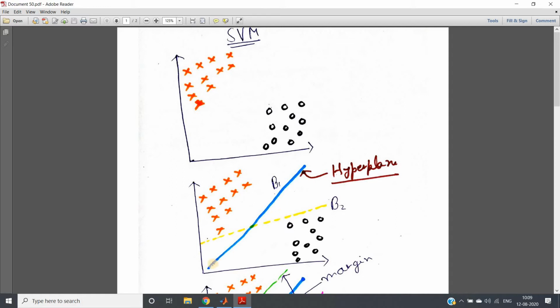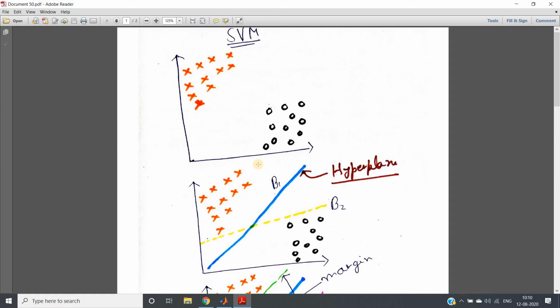Now see here, this is one possible straight line which is perfectly segregating, or acting like a divider, between these two classes, cross and circles. There is one more possibility, a straight line which I have named B2. Similarly, there are infinite possibilities between B1 and B2, and this kind of line is also possible.